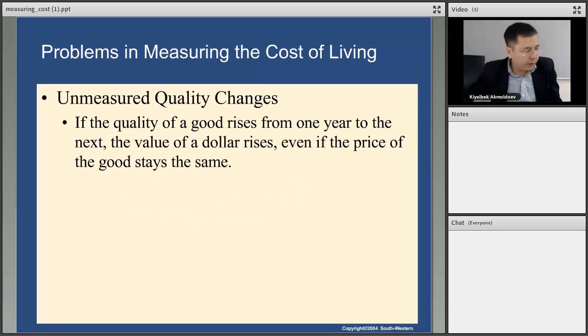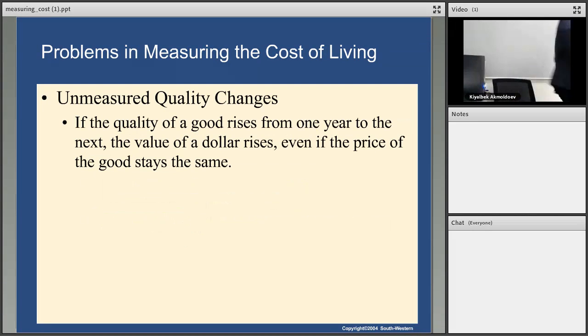Unmeasured quality change. What is it? It is changing quality. For example, the price of one product might be changed because of the quality, but they don't include the change in quality.